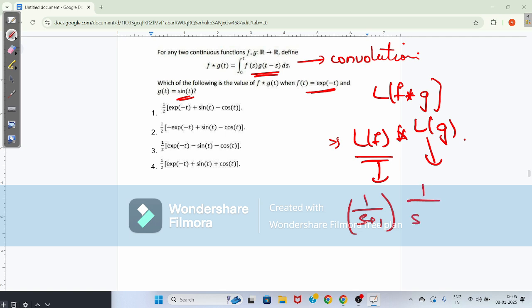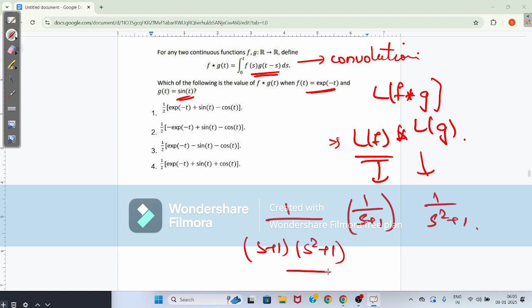So 1 by s plus 1, sorry, 1 by s square plus 1 here. So what will we get for this? 1 by (s plus 1) into (s square plus 1).